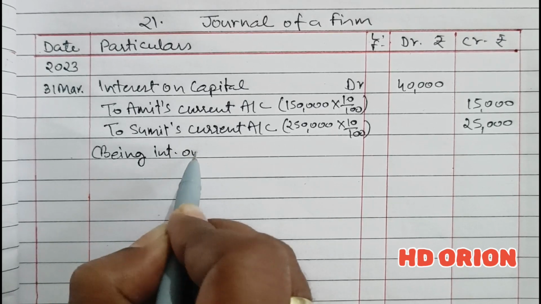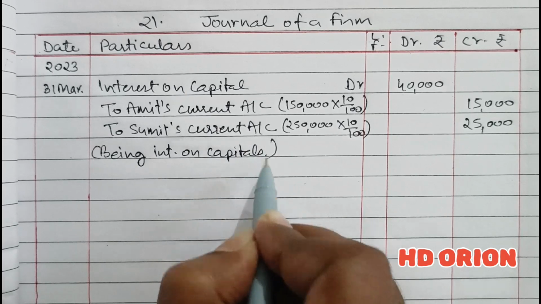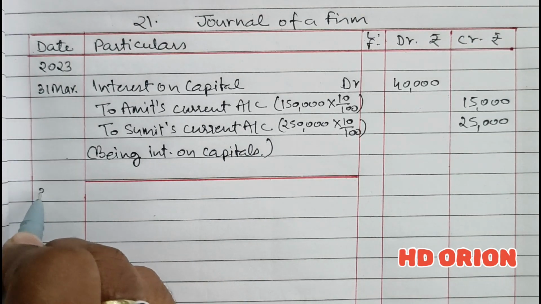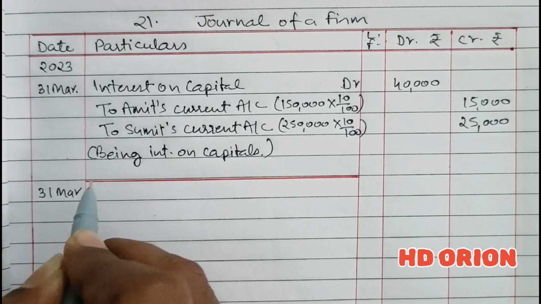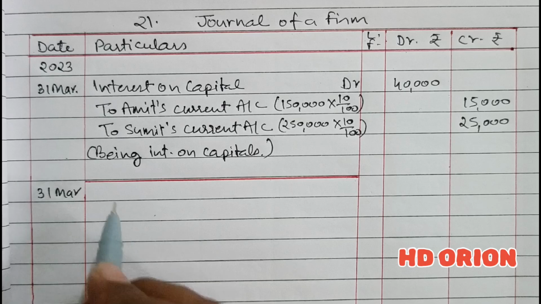Being interest on capital. Now on the same date, 31st March, we will transfer this interest on capital to the debit of profit and loss appropriation account.